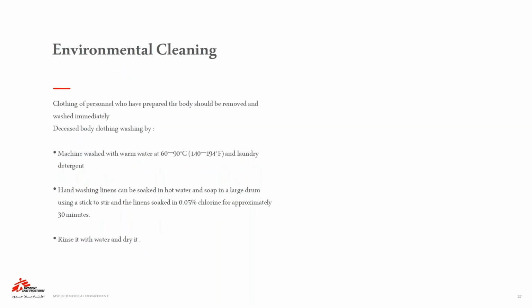We should teach them also about environmental cleaning, like we need to instruct the personnel who perform the preparation of the body that they should remove and change their clothes immediately and wash them.